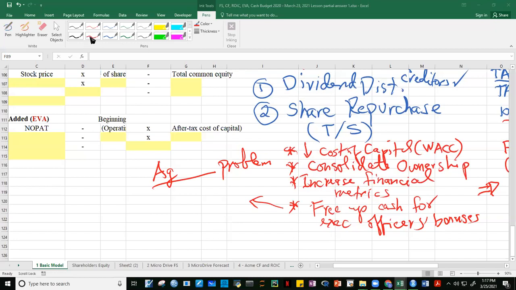What does agency mean, guys? Let's erase this, so we can use the space here. What's the meaning of agency?